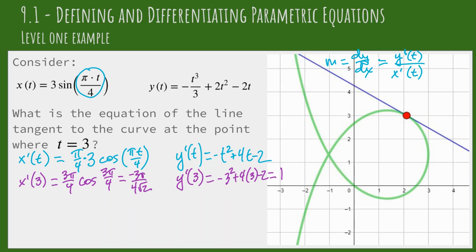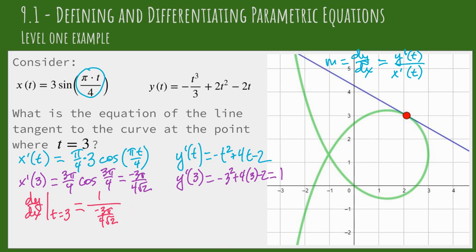It's nice and easy. So our slope of our tangent line is going to be dy dx. I'm going to use that evaluation bar that we've seen before. So dy dx evaluated at t equals 3 is going to be dy dt, which is 1, divided by dx dt, which is negative 3 pi over 4 square root of 2.